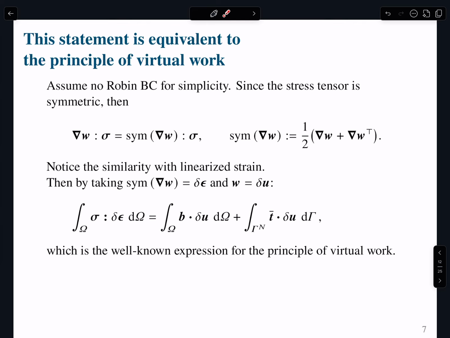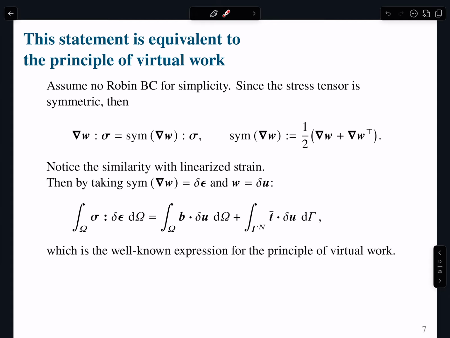And obviously, you don't see an expression for all test functions or all virtual strains in some space, right? We never talk about that when we deal with the principle of virtual work, but you probably heard for all sufficiently smooth functions that satisfy the boundary conditions a priori, right? That are smooth enough.